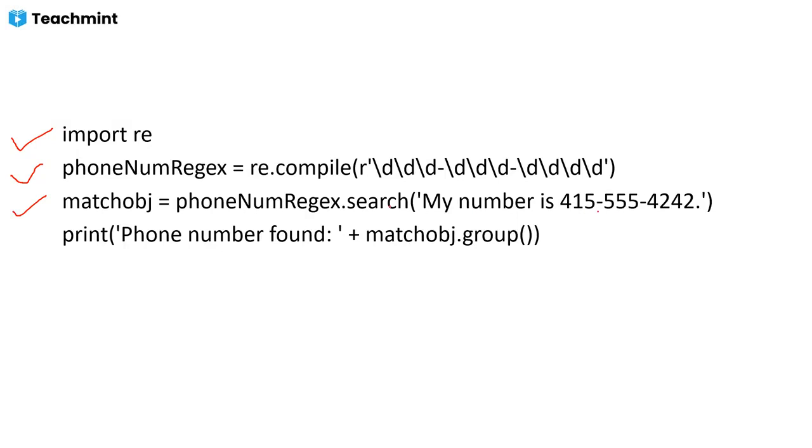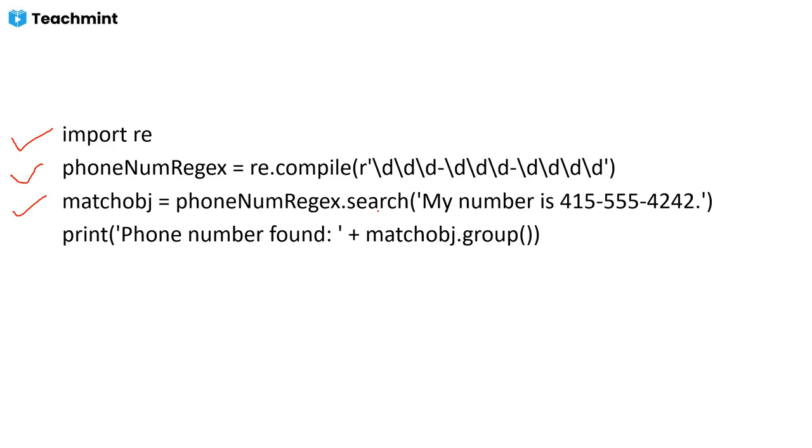For that, I can use different methods like the search method, which will find the first occurrence of the match. Even if this string has one more instance of a phone number, it won't search further. It returns the first occurrence only. The other is find, which is almost similar to search. Next are match and findall.